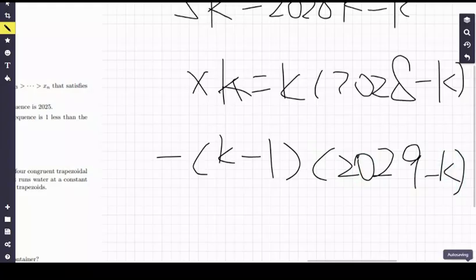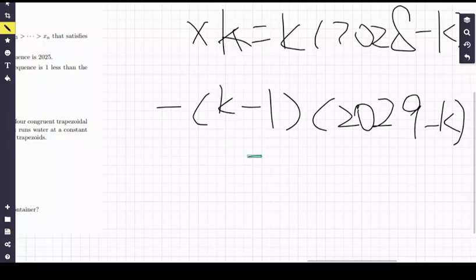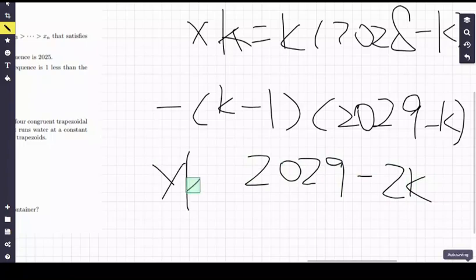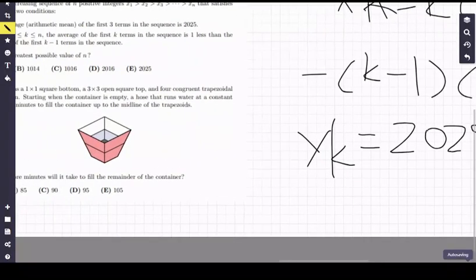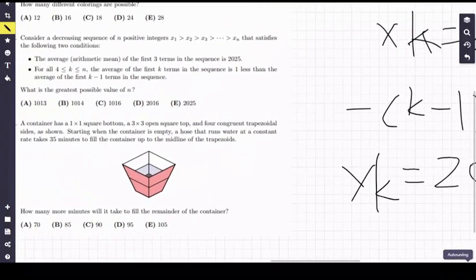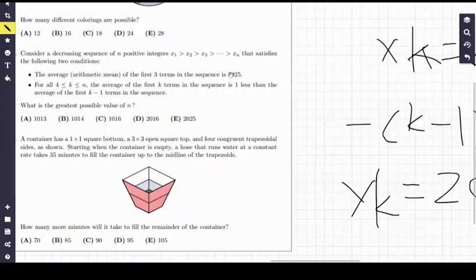So simplifying, we have 2029 minus 2k. So for k greater than or equal to 4, we have x_k is equal to 2029 minus 2k. This is something incredible, honestly. We didn't bound it, but at least we figured out x_k, right?